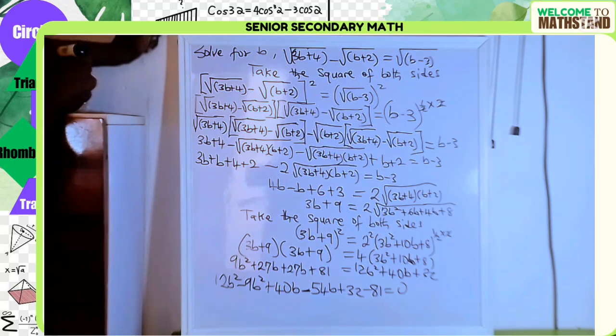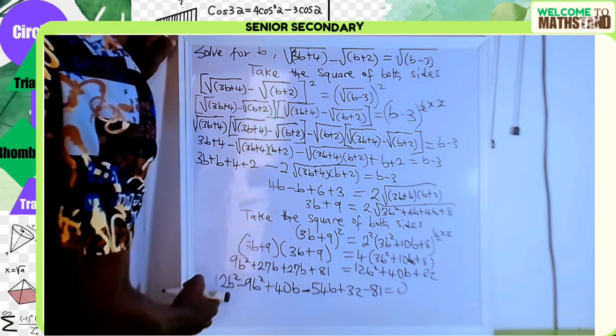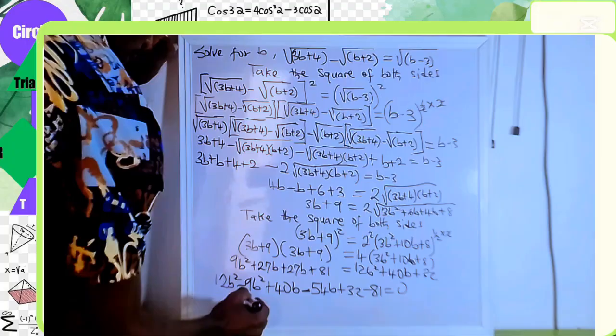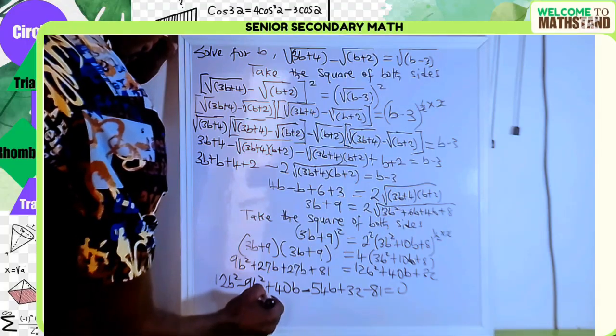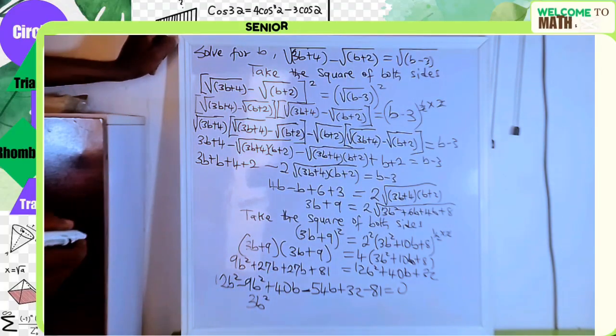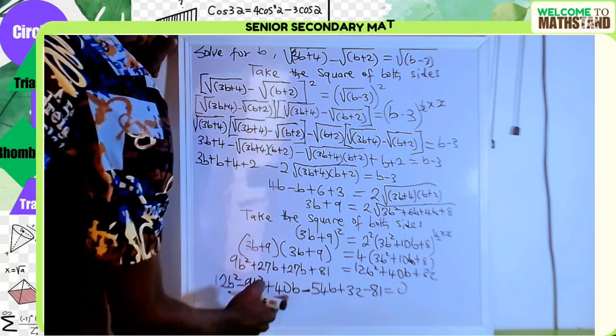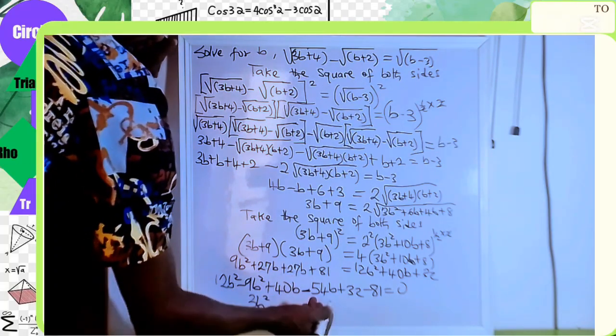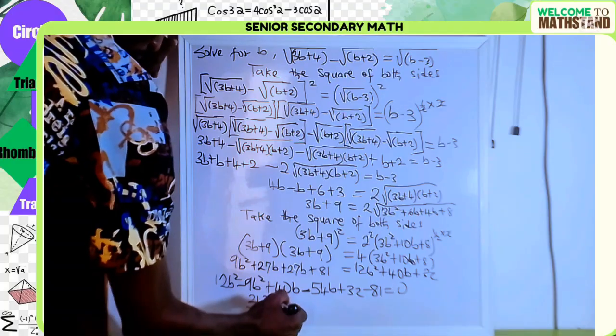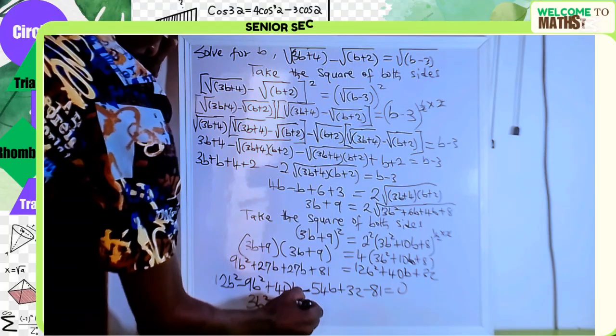So from here, what do we have here? 12 minus 9, we have 3b squared. So we now have here 40 minus 54, that is minus 14b.